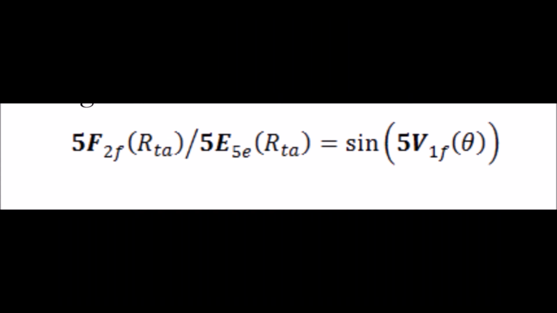Let me use this representation as an example to describe the ratio. The ratio is between the length of the conical radius RTA of two different notes, where this ratio is also equal to the sine of the subtended angle theta of some other note.